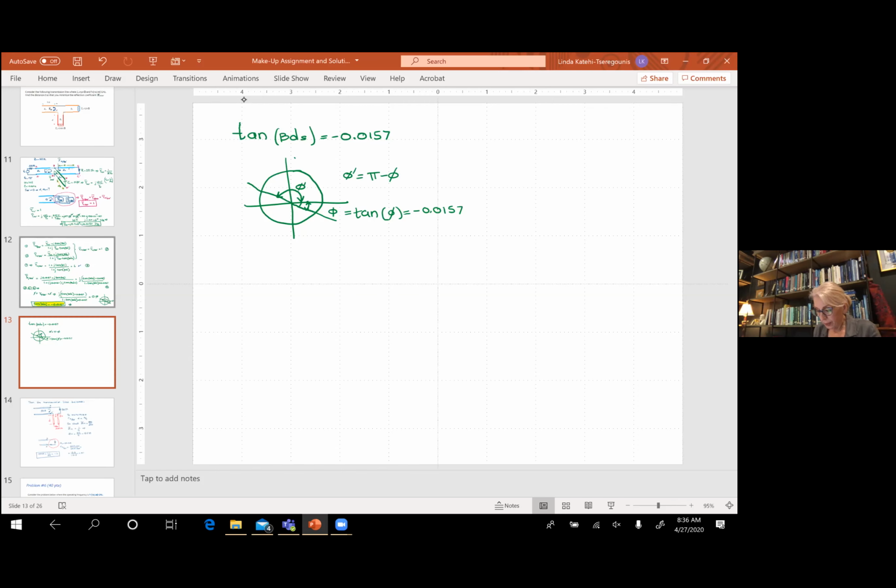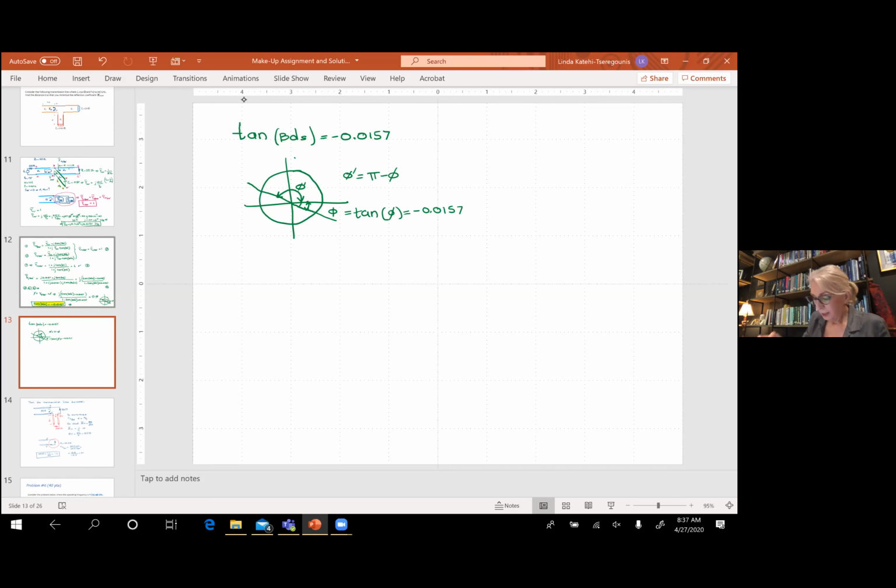So what we do is we find the arctangent on the calculator of negative 0.0157.